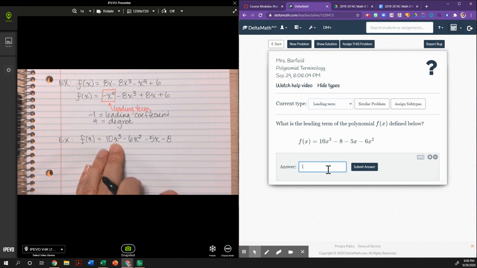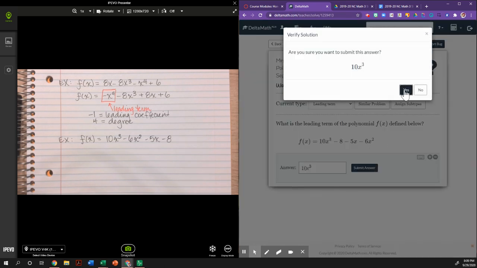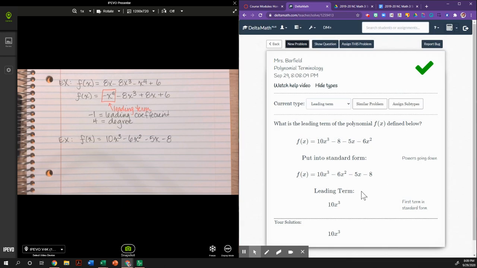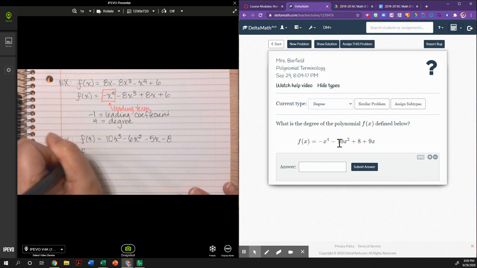So I have to type 10x to the third, because the whole item, the 10 and the x to the third together, is the whole term. Submit my answer. Yes. Again, put it in standard form. Now the degree. I'm modeling it for you, even though I'm looking at it going, I don't need to write this down.